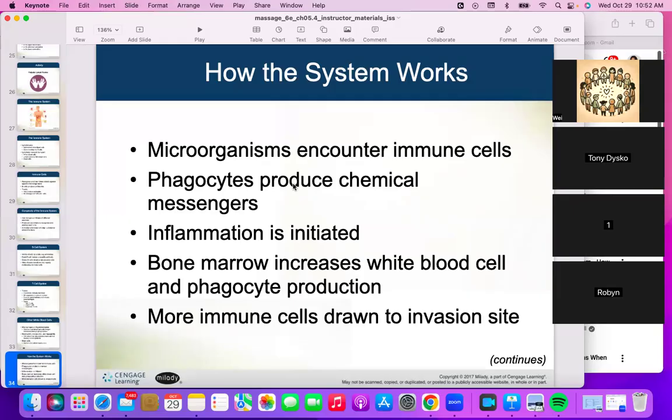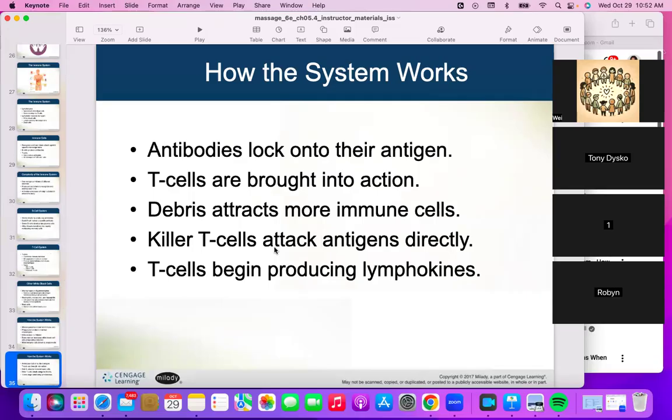The killer T cells attack the antigen directly, and the T cells begin to produce lymphokines, which are proteins that attract more white blood cells and initiate the inflammation response, which is bringing those white blood cells to the area of infection or inflammation, where pathogens are present.